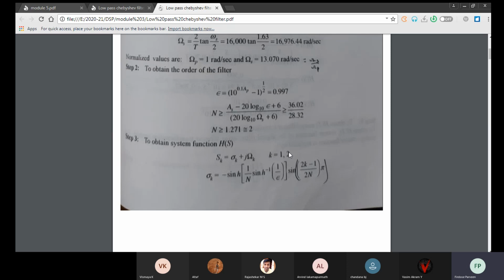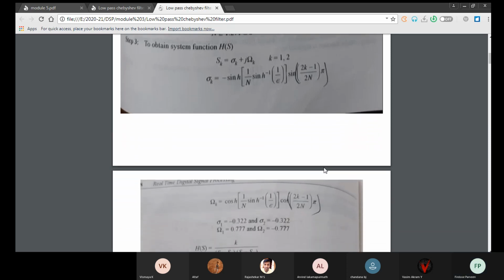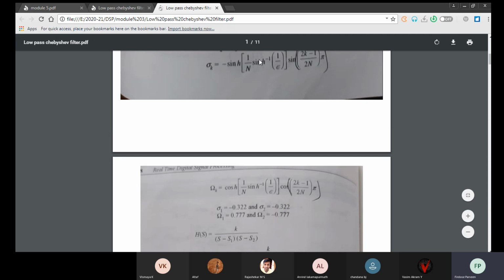Sigma k is equal to minus sinh of (1 by n sinh inverse of 1 by epsilon) into sin of (2k minus 1) divided by 2n into pi. Again omega k will be equal to cosh, this formula. Substitute here all the values of n and epsilon, and you will get sigma 1, sigma 2, omega 1 and omega 2.